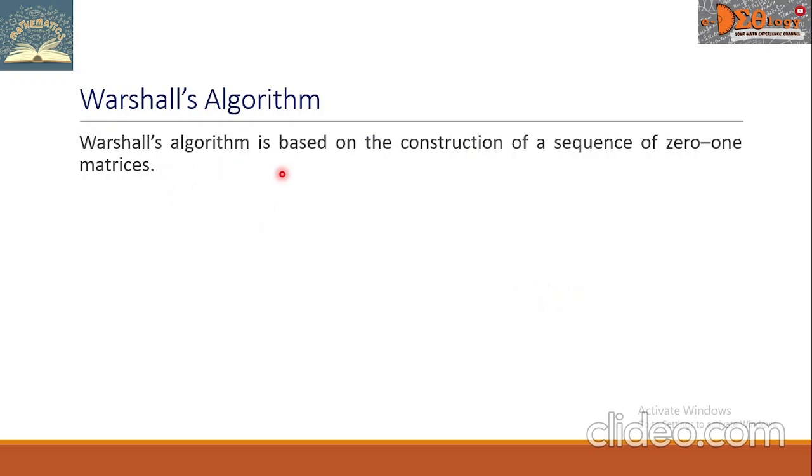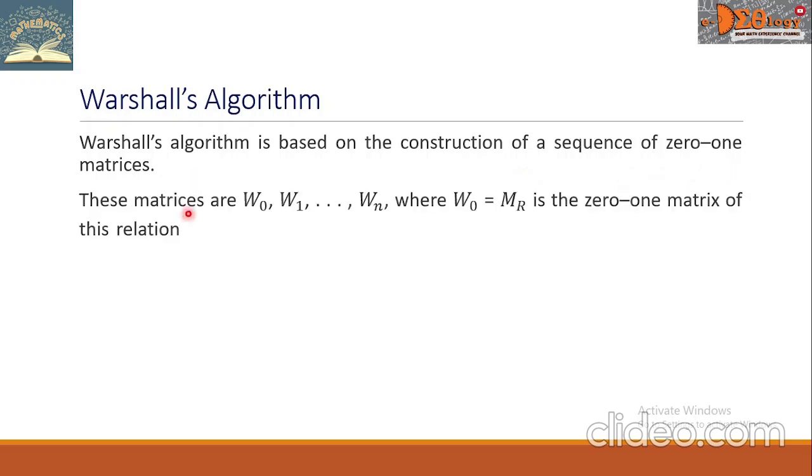Warshall's algorithm is based on the construction of a sequence of 0-1 matrices. These matrices are W sub 0, W sub 1, up to W sub n, where W sub 0 equals capital M sub R, the 0-1 matrix of this relation.